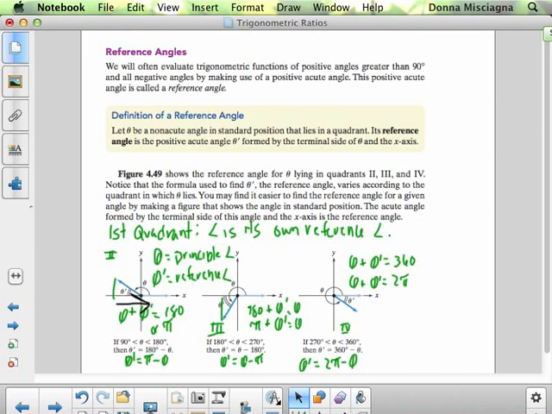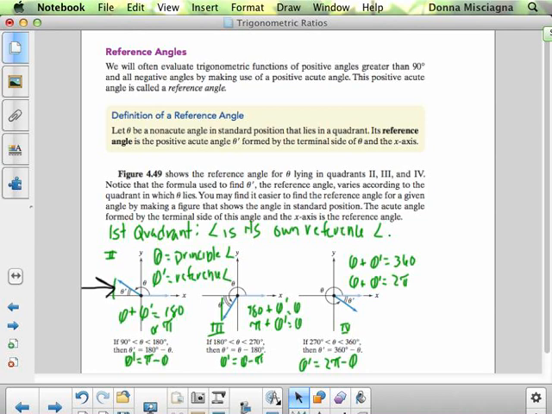Now if we're in the third quadrant, we've gone past pi. So together 180 or pi plus the reference angle equals the principal angle, because the principal angle goes all the way over here, and this is our reference angle. Notice the reference angle is always the distance to the x-axis.